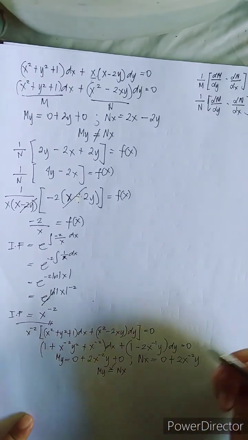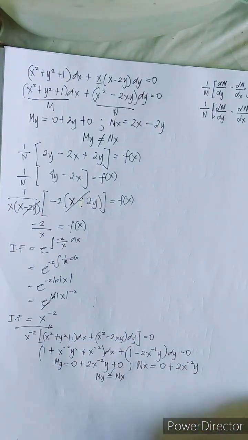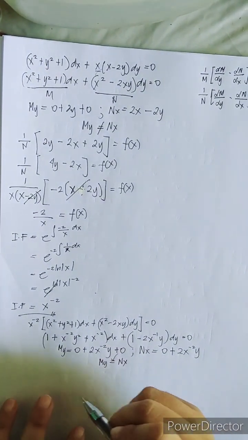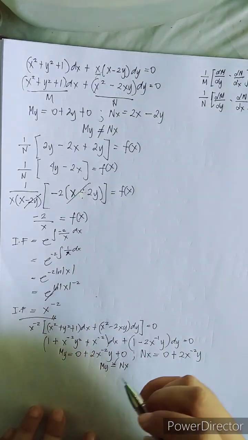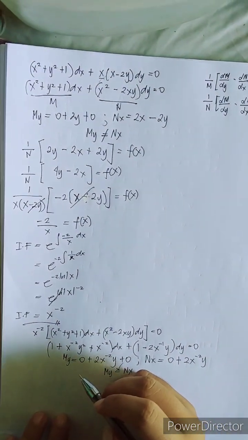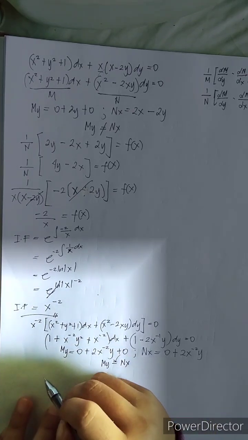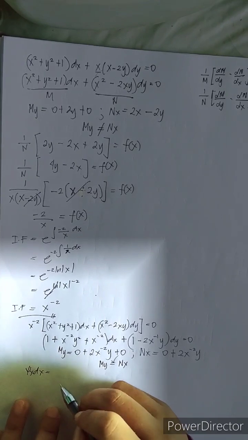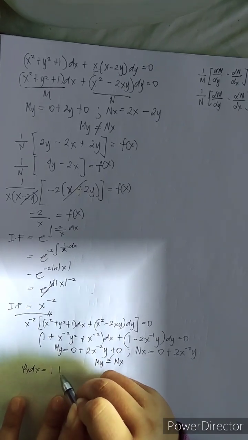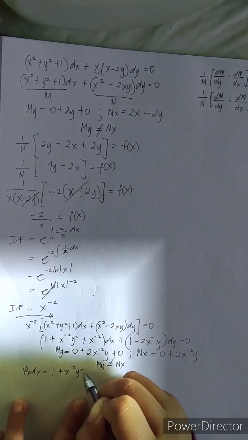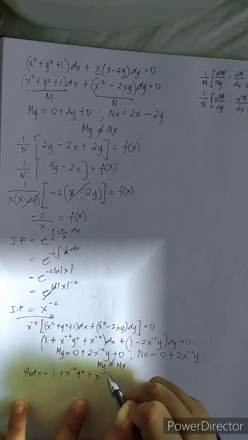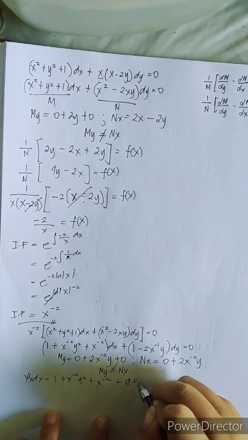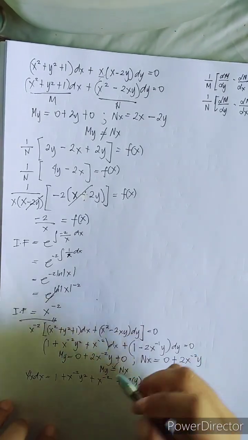Then let's proceed to the next step in solving an exact differential equation, which is integrating M term in terms of x. This will be psi x dx is equal to the M term, which is 1 plus x to the negative 2 y squared plus x to the negative 2, plus the unknown variable, which is g of y.